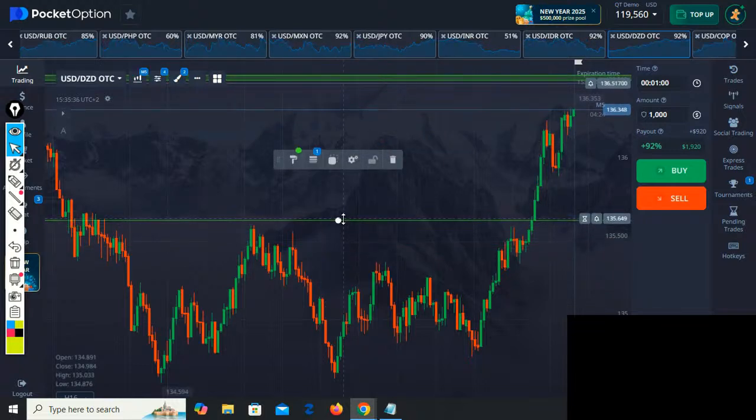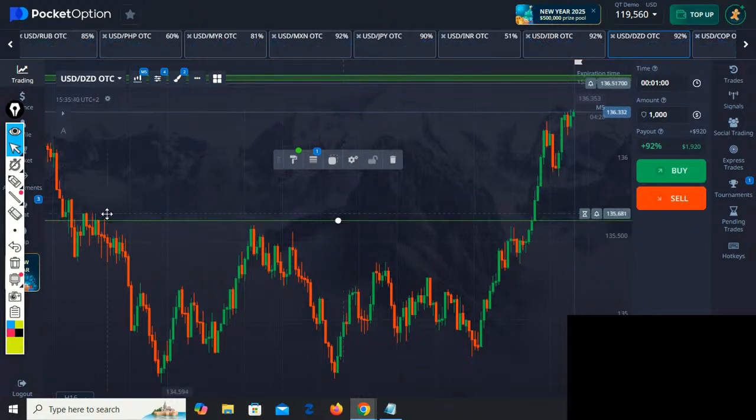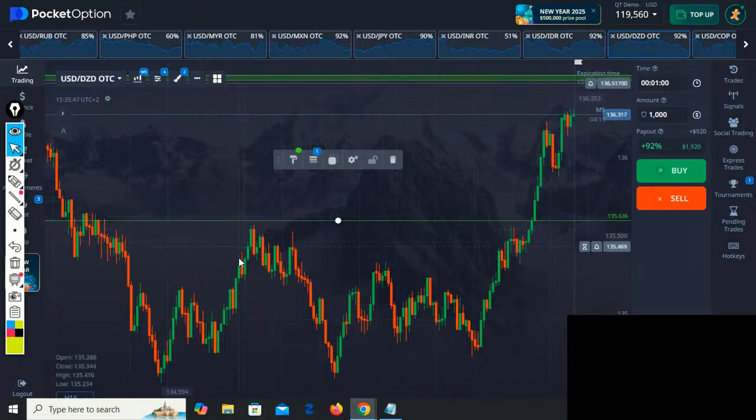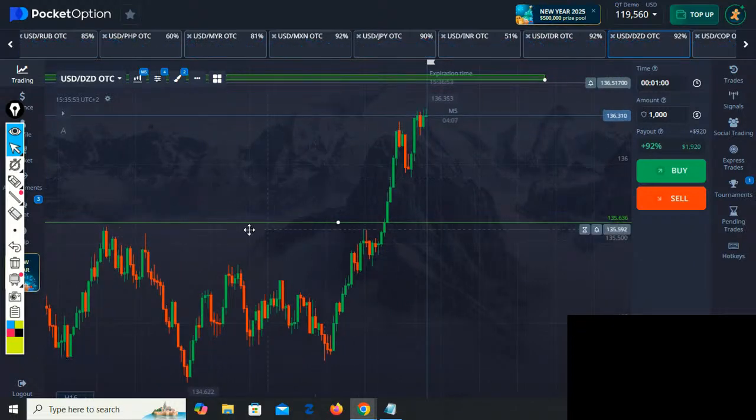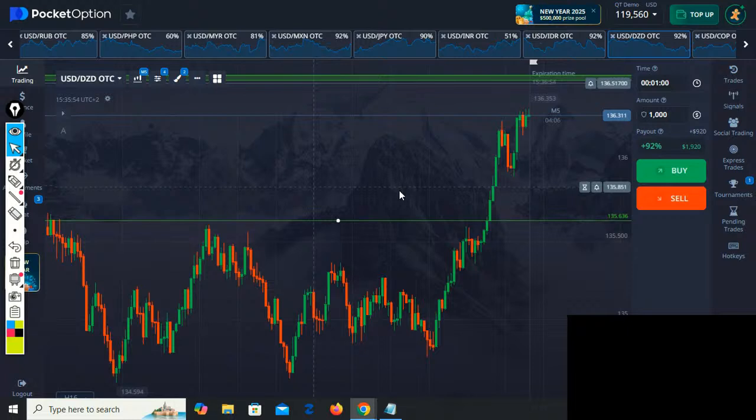I would have marked it here around this area, the rectangle like this. I would have taken the 1 minute rejection easily. 2 minutes would have been also a winning trade. So here we go. We have 6 winning trades, backtesting our strategy till now.